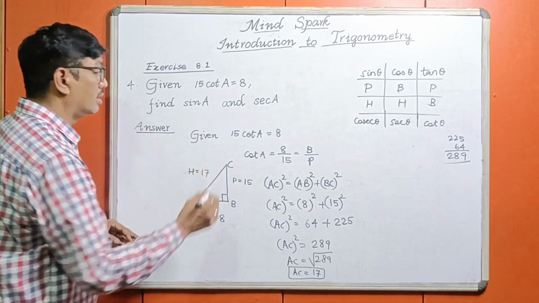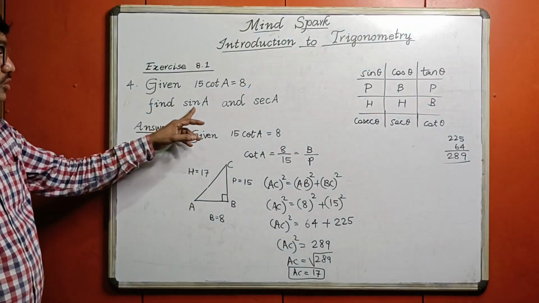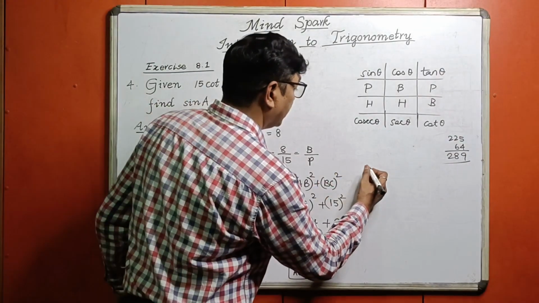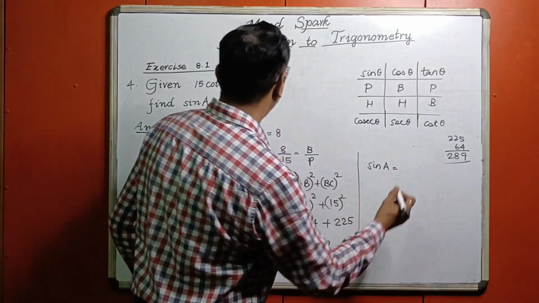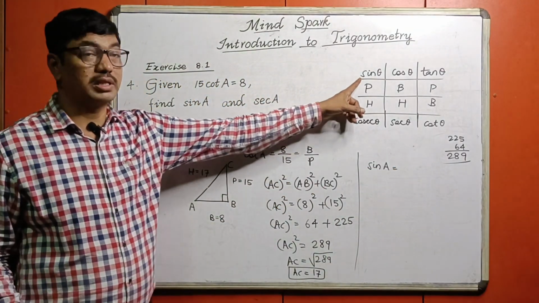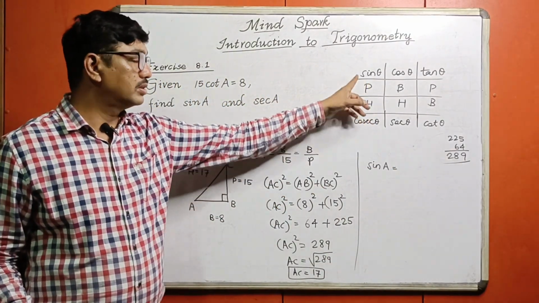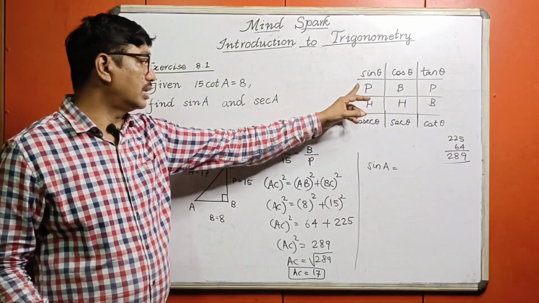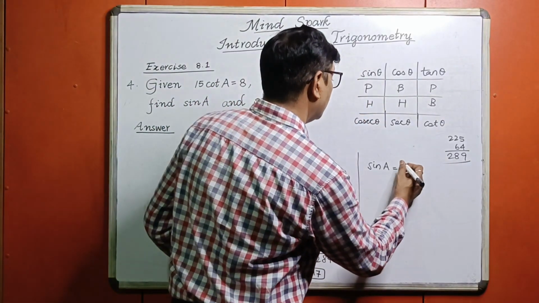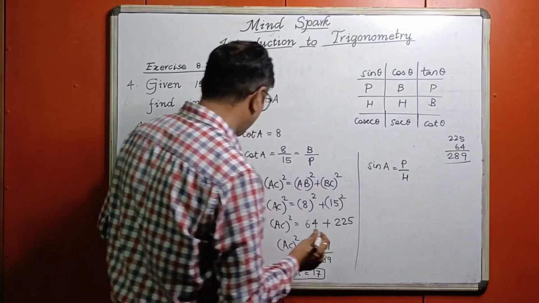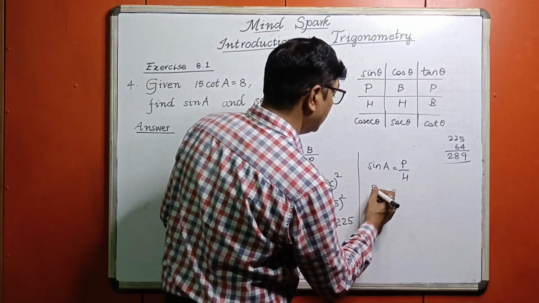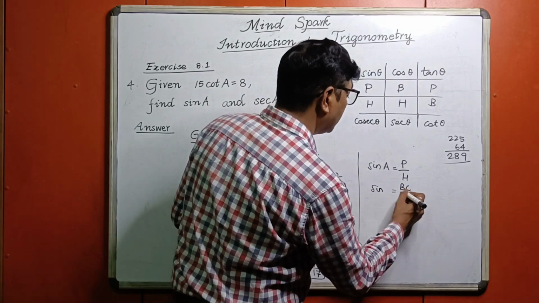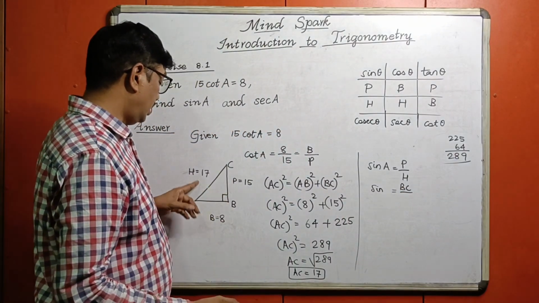Now they are asking you to find out sin A. What is sin A? Sin A is equal to perpendicular by hypotenuse. You can see the relation, every time you can go through the table. So what is perpendicular in this particular triangle? Perpendicular is BC. So sin A is equal to BC by AC.